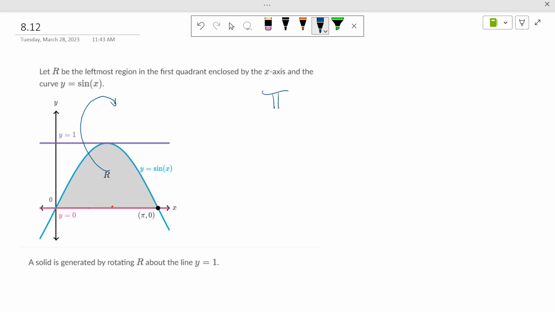So it's pi times the integral from where you start to where you end of the outer axis minus the inner axis. Okay? The outer point minus the inner point. So the shaded region is what we want.